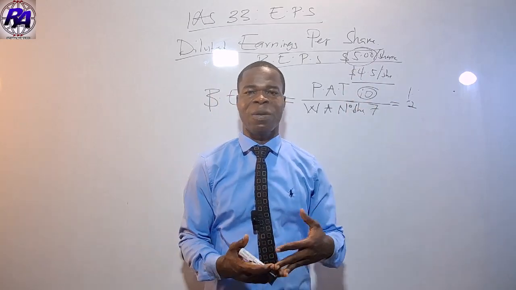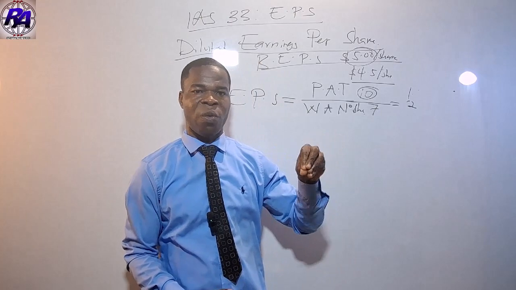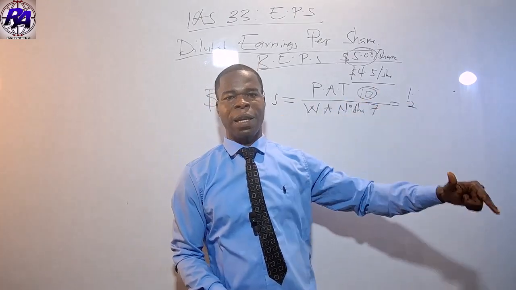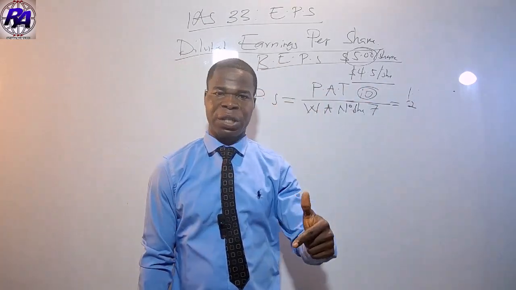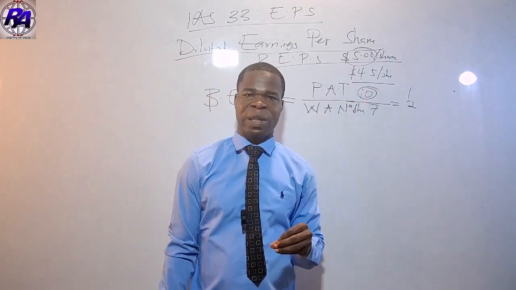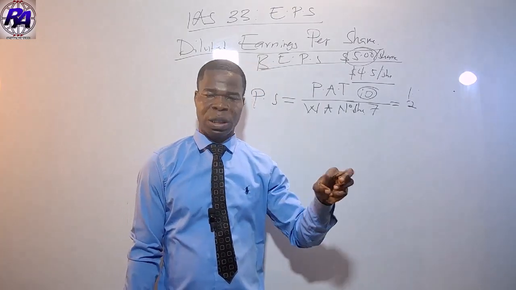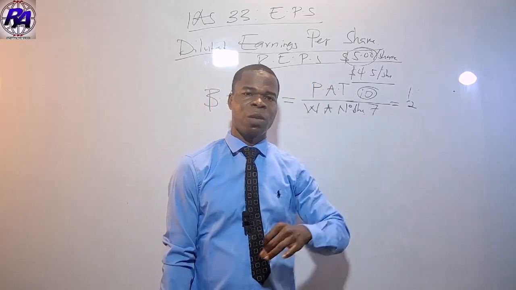They are the standards that account for financial instruments. But here we want to concentrate on the aspects that account for diluted earnings per share. So like I mentioned, convertible instruments: a typical example is a convertible bond, convertible preference shares, or convertible loan notes.